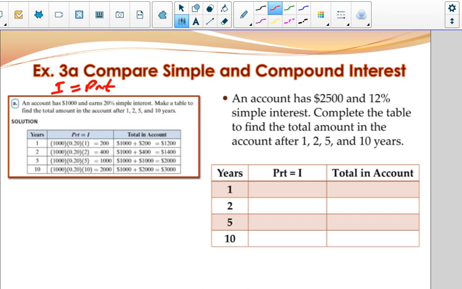So you are investing $2,500 at 12%, so 0.12, for 1 year. When you do that, you end up with $2,800. Here you just put your work, which would be 2,500 times 0.12.